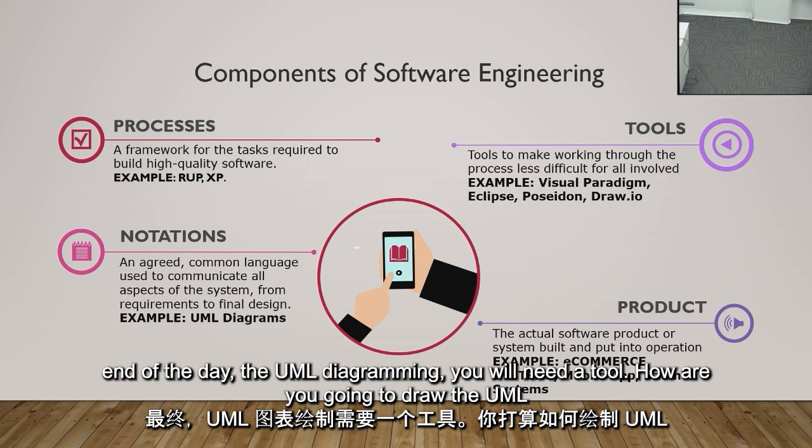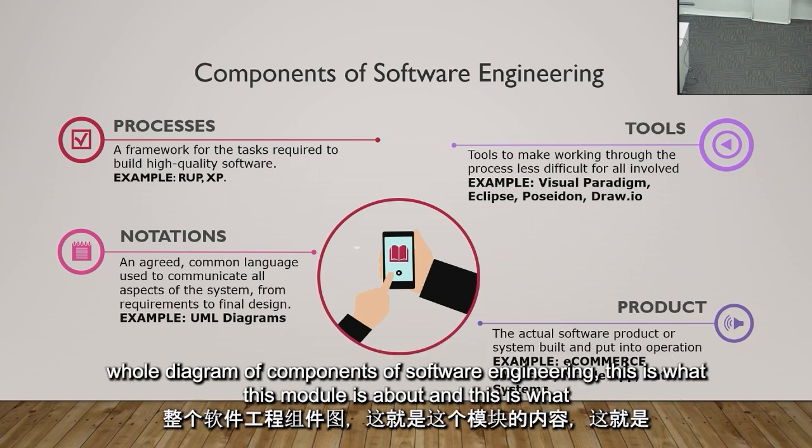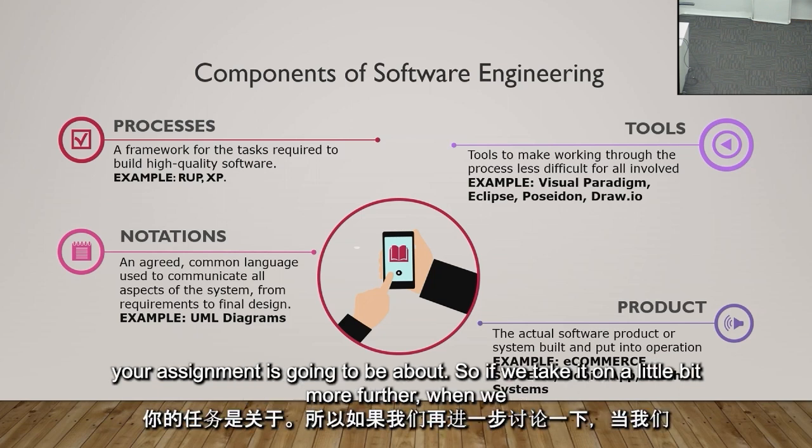How are you going to draw the UML diagram? It's going to be using Draw.io or Visual Paradigm. Okay, right? So if you understand this whole diagram of components of software engineering, this is what this module is about, and this is what your assignment is going to be about.